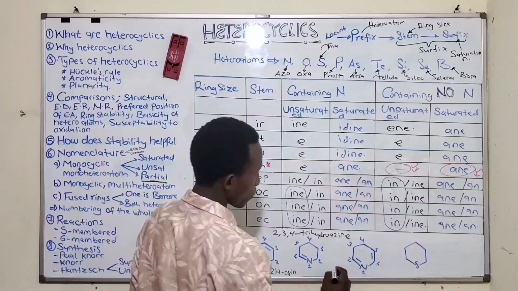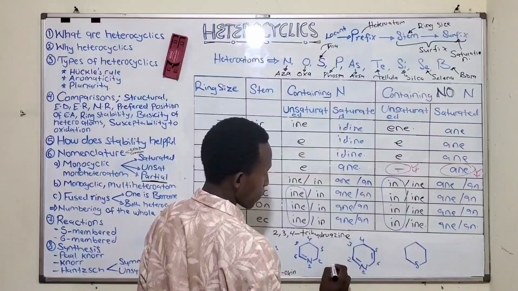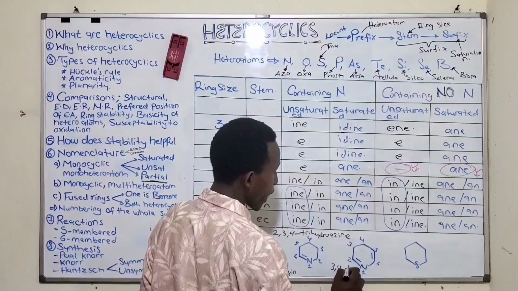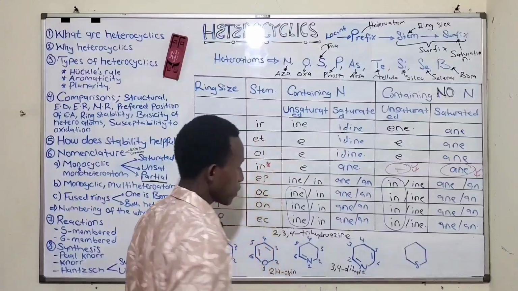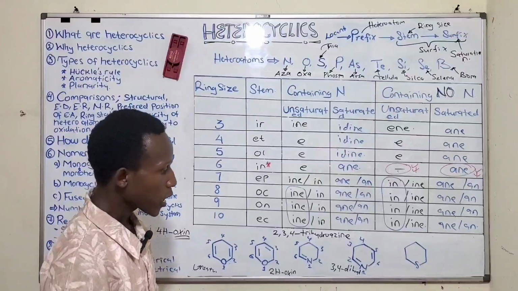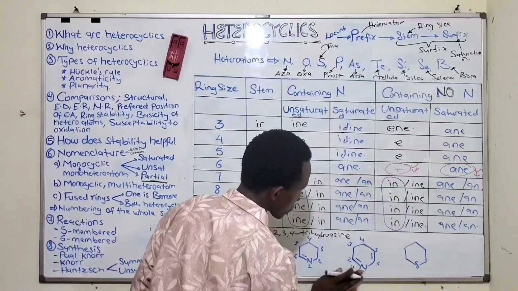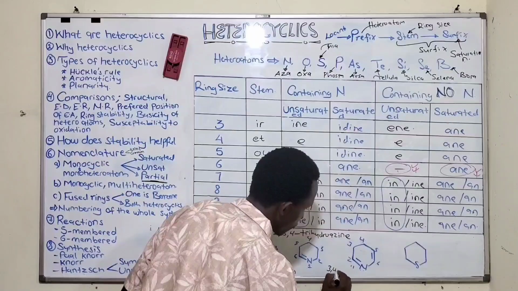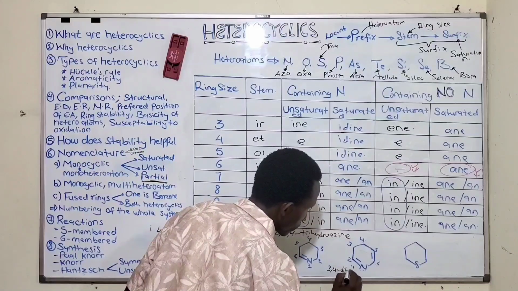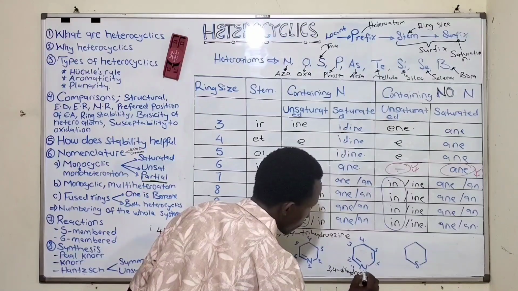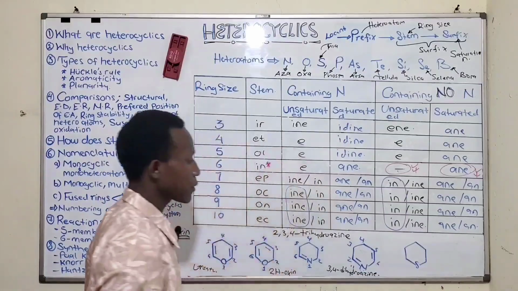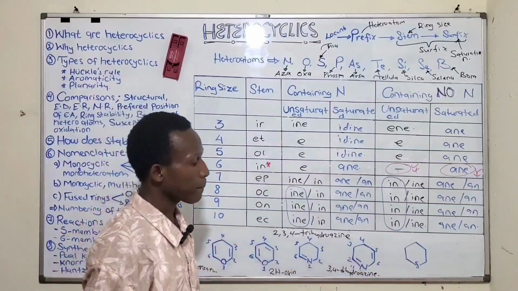This one will be 3, 4-dihydro. If there are 4, tetrahydro like that, so it is dihydro. It is 3, 4-dihydroazine. That is its name.